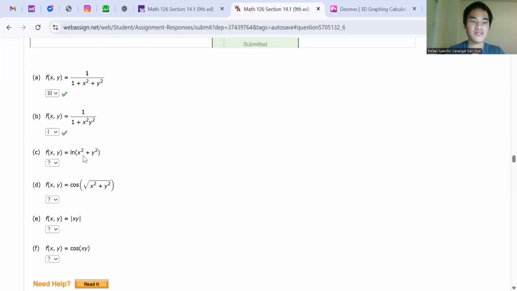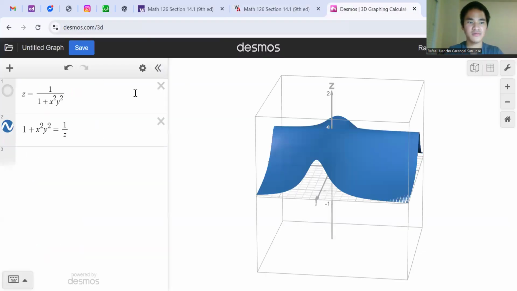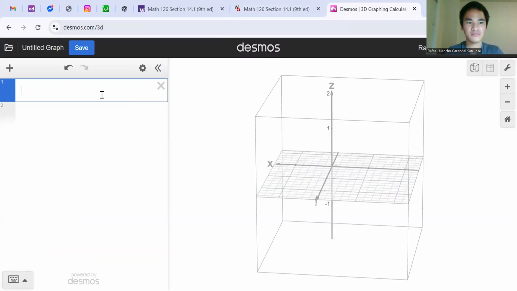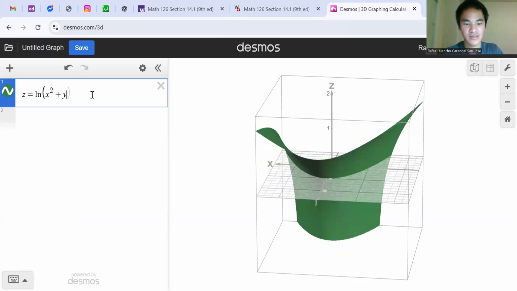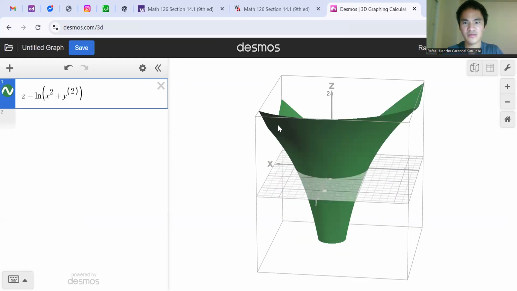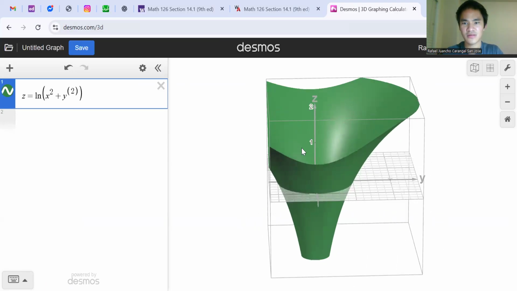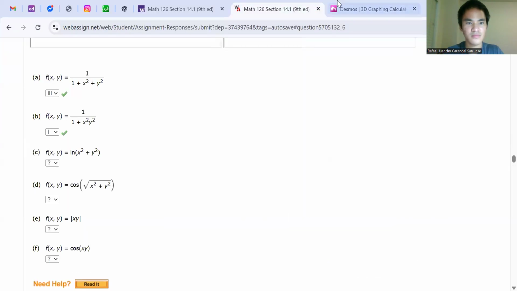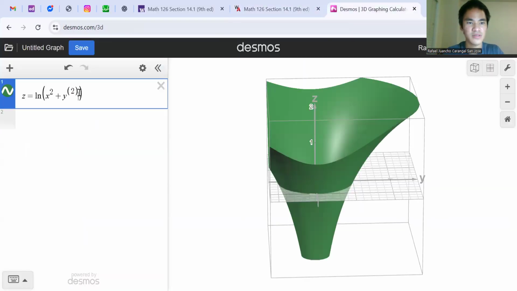Okay. The next is ln of x squared plus y squared. So if I just graph this, I have z equals ln of x squared plus y squared, and I get this thing. There we go.